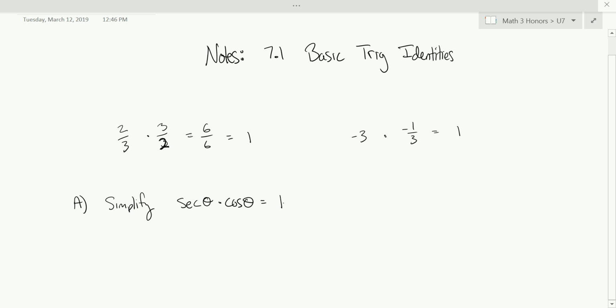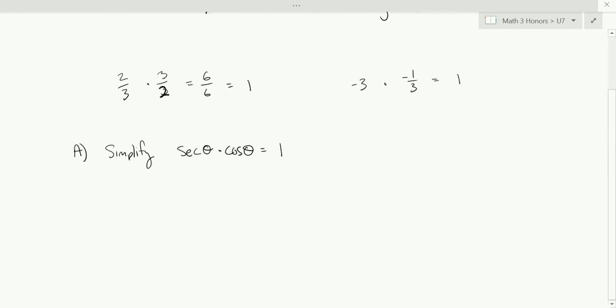It's going to help you as things get more complicated. Just keep that in mind. Okay, when you multiply reciprocals together, you get 1. Next example, the cotangent of theta times the sine of theta. Are those reciprocals? No. Okay, so this first one, I just want to take a little note here. So look for reciprocals.